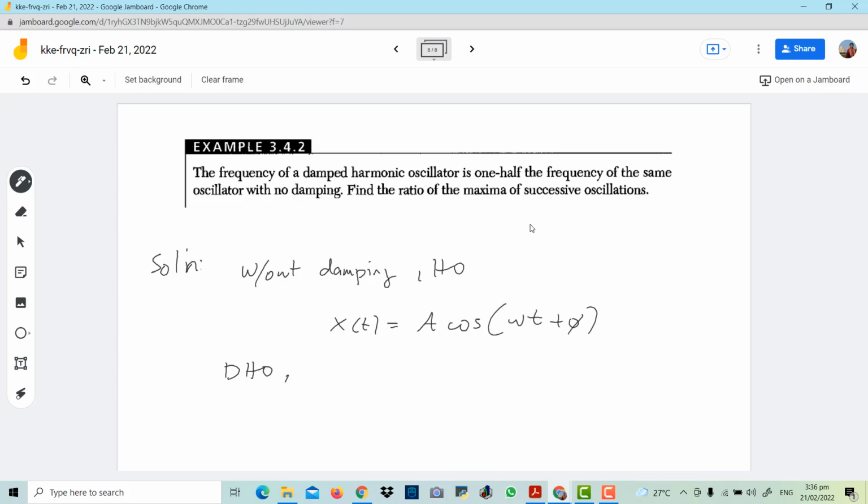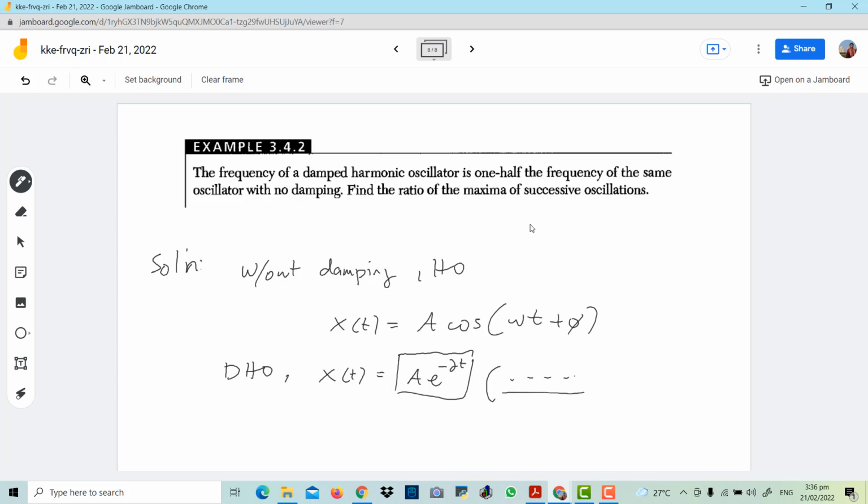So, somewhat the ratio is like this: A e to the minus gamma t of some function there. Whether critically damped, overdamped, or underdamped, the amplitude is somewhat equal to this one. Okay? The amplitude really decreases because of damping.